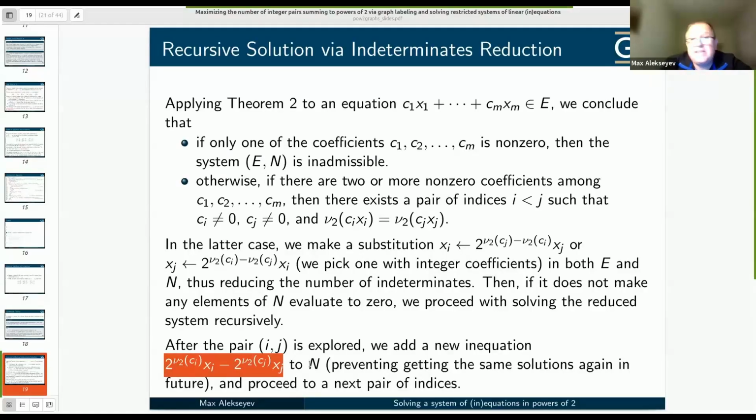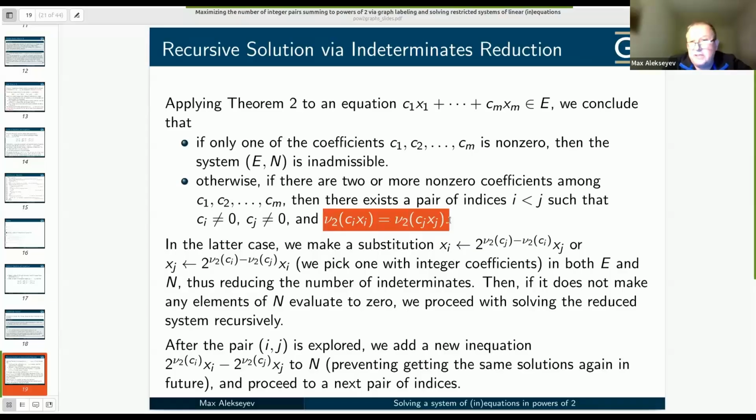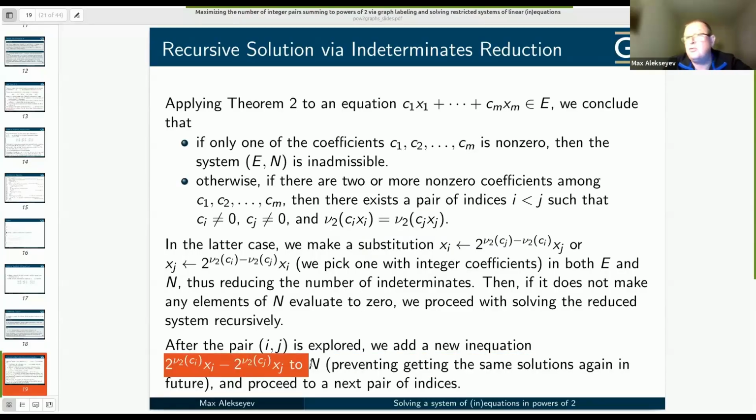It's to disable this equality in future. So we are going to explore this equality at this particular moment, but in future we don't want to have it. And therefore, by adding this difference to N, we disable it in future.